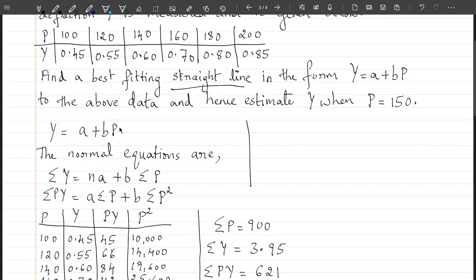To get the second normal equation, you have to multiply the given equation by the independent variable. The independent variable here is capital P. So if you multiply the given equation by the independent variable, you get YP equal to AP plus BP square, and take summation on this. If you take summation on this equation, I get summation PY or summation YP equal to summation AP, that is A into summation P, plus summation BP square, that is B into summation P square. So these are the two normal equations.